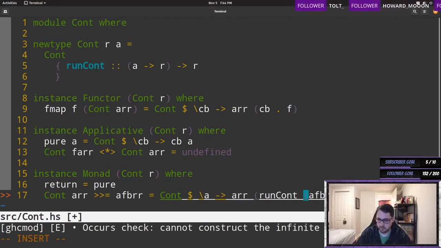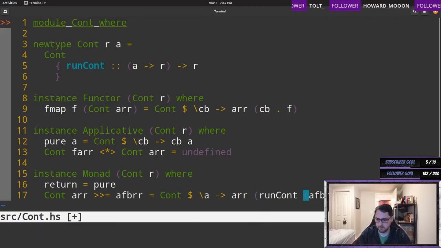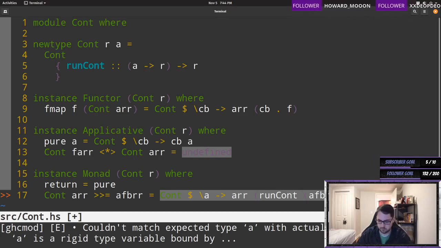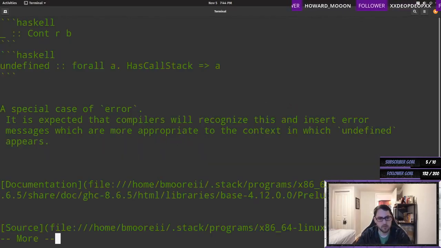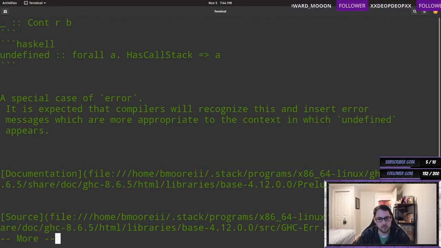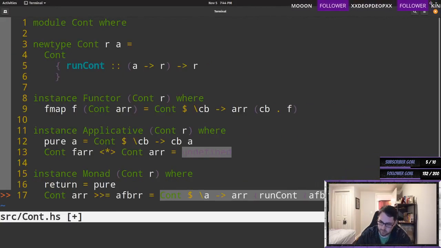I already wrote this, didn't I? Thought it was something like this. So where do I get an A from?